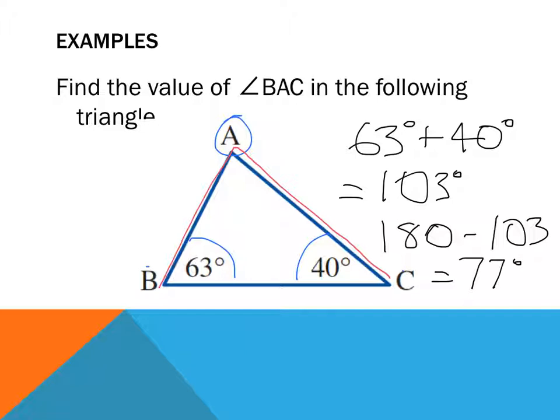So angle BAC, and remember, I write it in the way I've been given it, angle BAC equals 77 degrees. Remember, think back, what's my structure and how I answer those responses. So that's a first example.